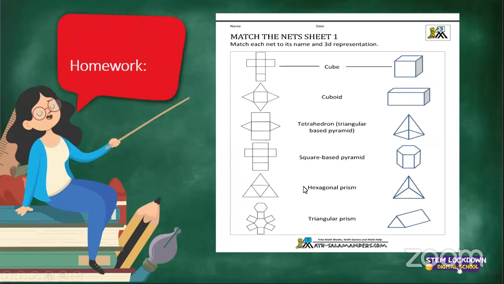So that is your homework. You are matching the net to a 3D object and also giving the name. And one last thing over the weekend, please do practical work. Cut out a piece of paper into a net. Here are the examples on the left hand side, and then you build it up to a 3D object.